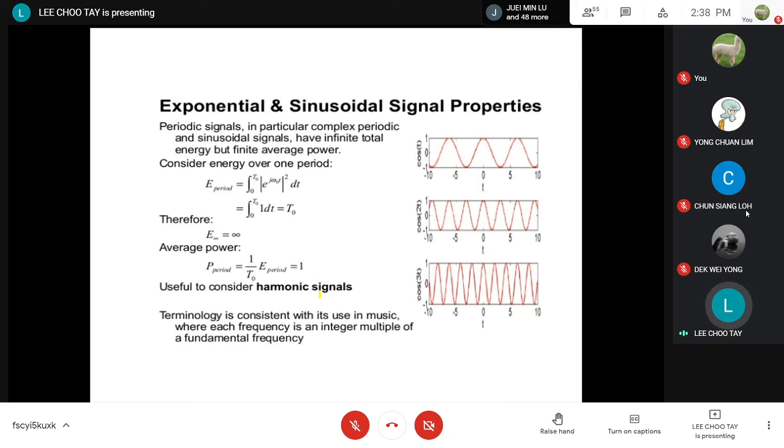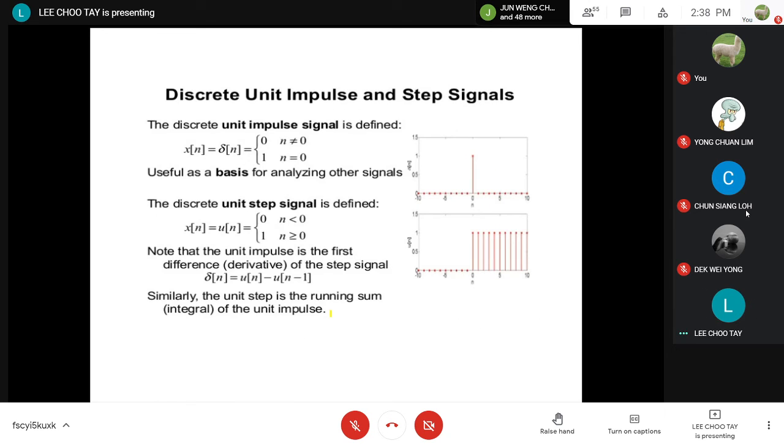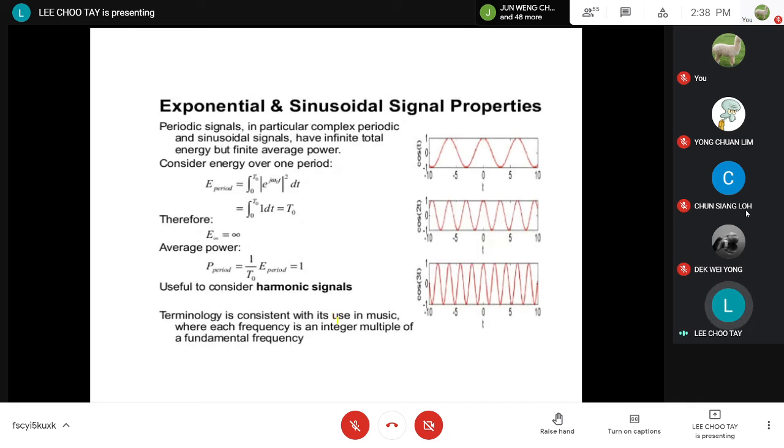This slide shows the properties of sinusoidal and exponential signals, which are applicable to periodic signals.